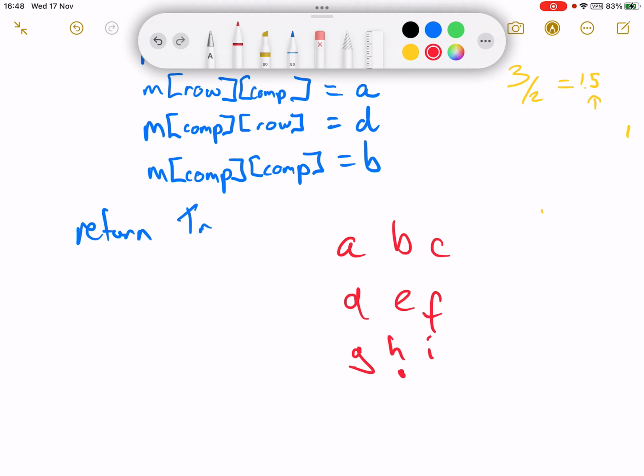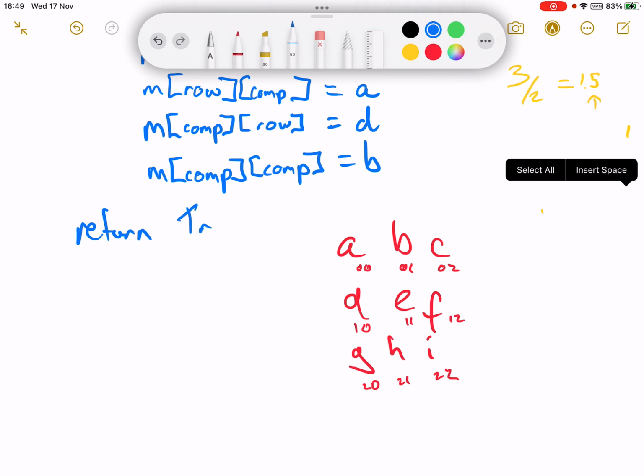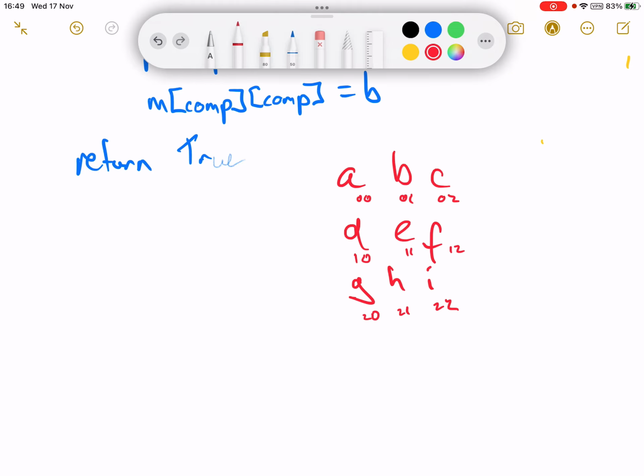That's 2, 2. 0, 0, 0, 1, 0, 2, 1, 1, 2, 2, 0, 2, 1, 2, 2. So, oh, that's a pencil. Okay, so 2, 2.